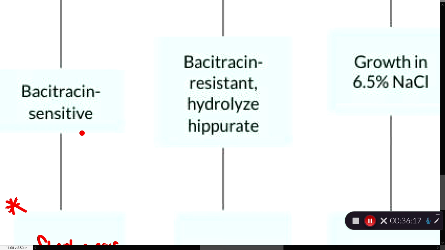It's PYR negative as opposed to strep pyogenes. This is a very, very common cause of neonatal sepsis and meningitis. So that means you really want to think about screening pregnant women who are between 35 and 37 weeks pregnant for this particular agent.